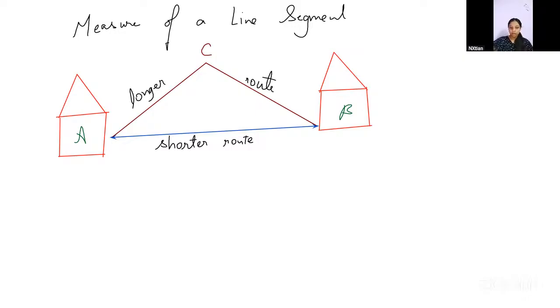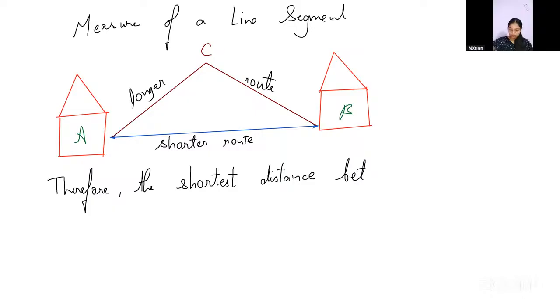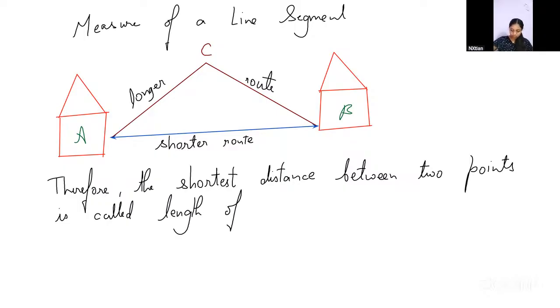Therefore, the shortest distance between 2 points is called the length of a line segment.